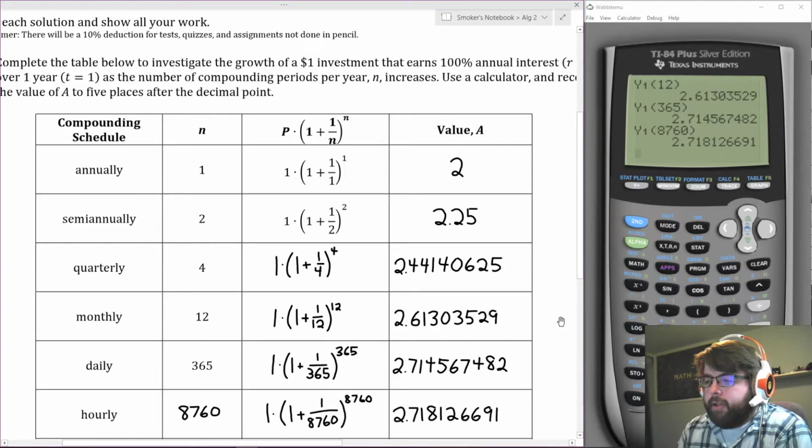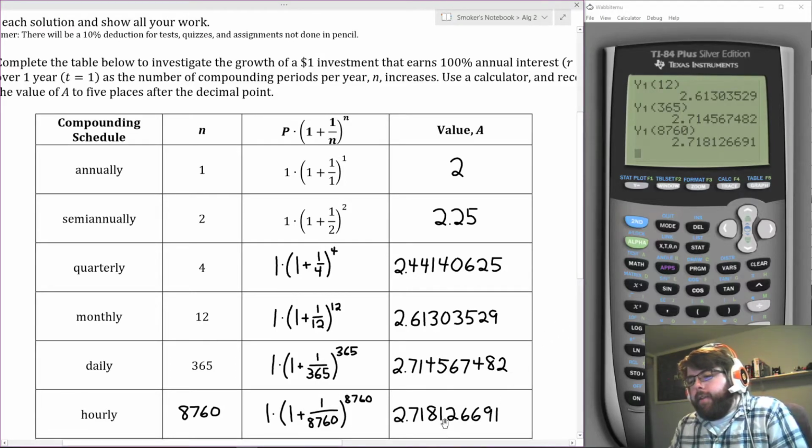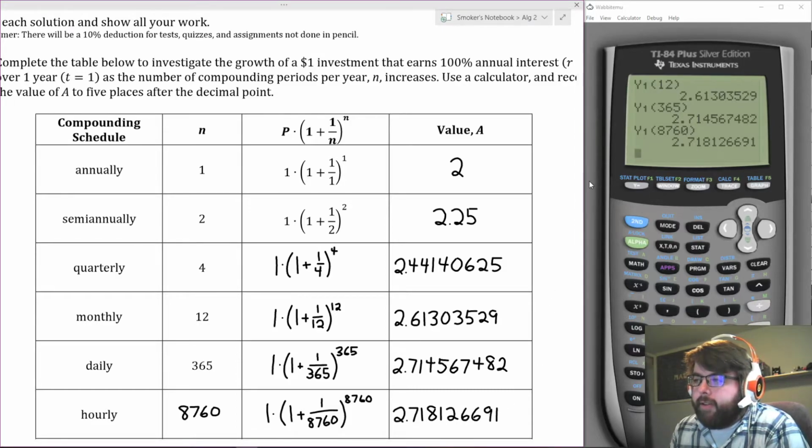Every hour, it's going to take the interest rate, find the current interest, add it to the principal, or the amount of money in the bank, and then the next hour it's going to do it again. It's going to continually do it. You would get at the end of 1 year, if you invested $1, $2.72. This would round up to 72 cents. But I'm going to show all the calculated decimal places.